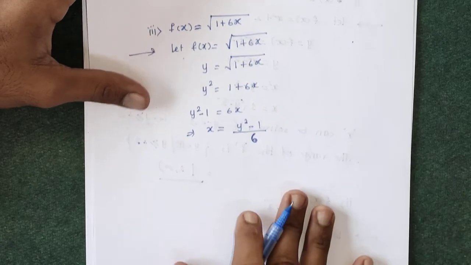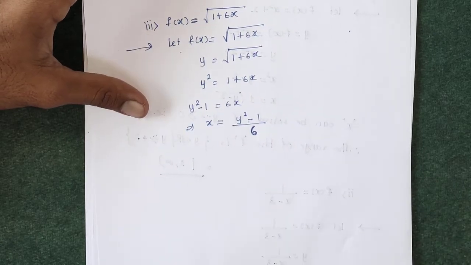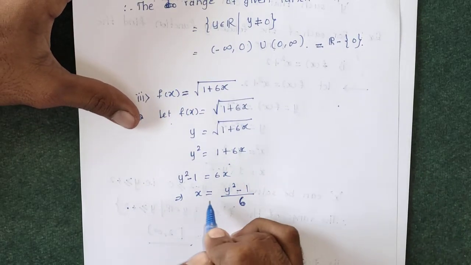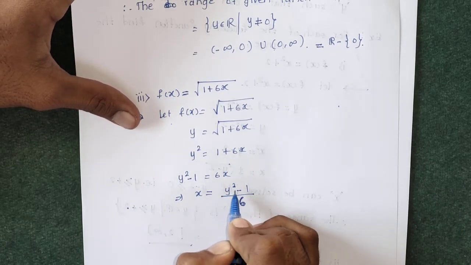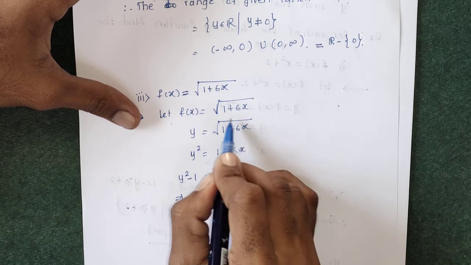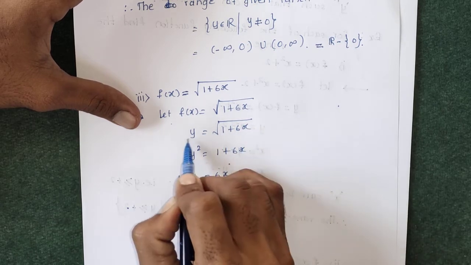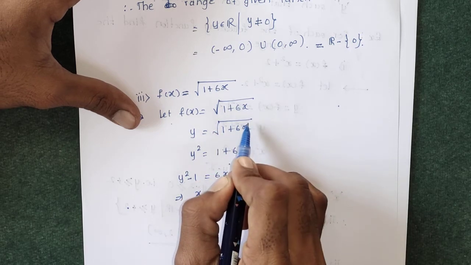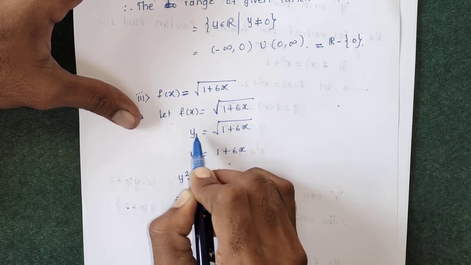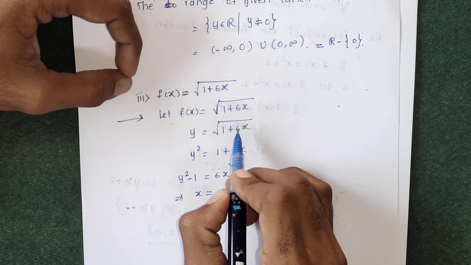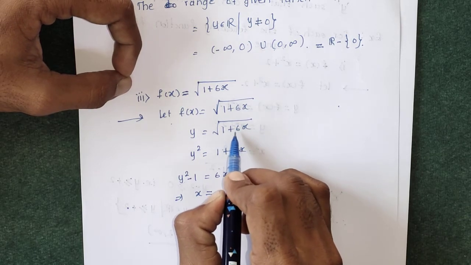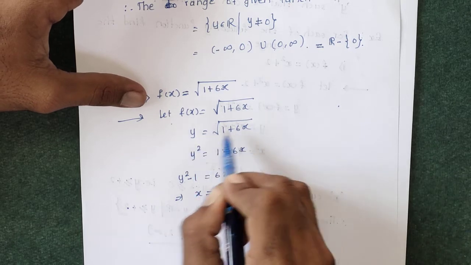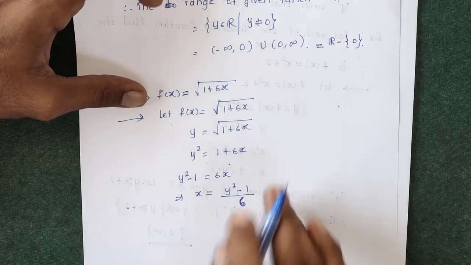Also one thing must be clear: if we put, suppose, y equal to minus 1, then it is possible to get the square root of 1 plus 6x equal to a negative number. Square root of some number equal to a negative number? Yes, because if we take the square root of 4, then minus 2 is also a square root of 4, because minus 2 square will be 4.